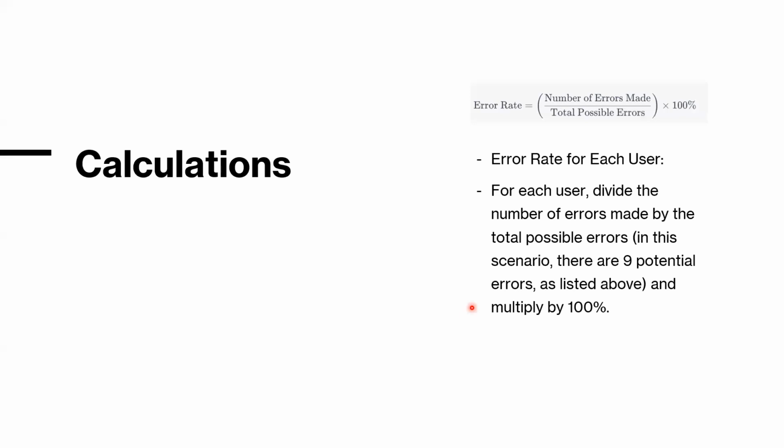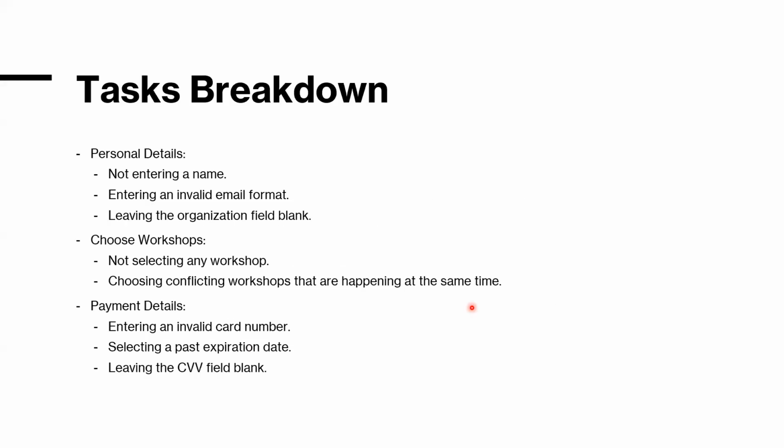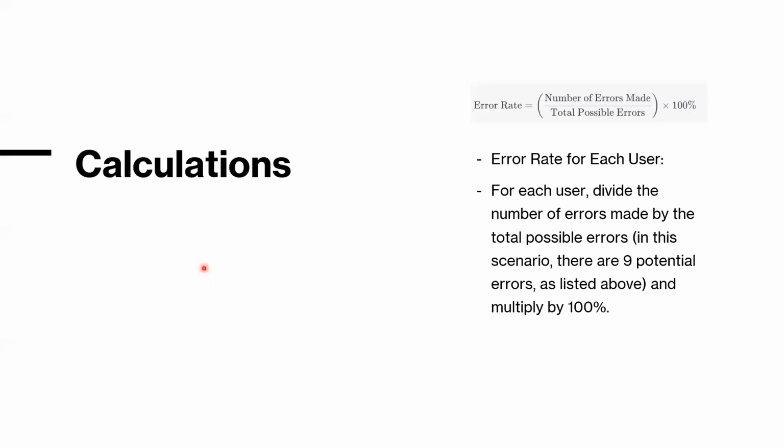Here it is 9, but it doesn't matter, because 9 basically means there is a possibility of a user making 9 potential errors, not necessarily related to the previous example. You can define it based on any possible errors, depending on what system, what page, what task the user is executing.